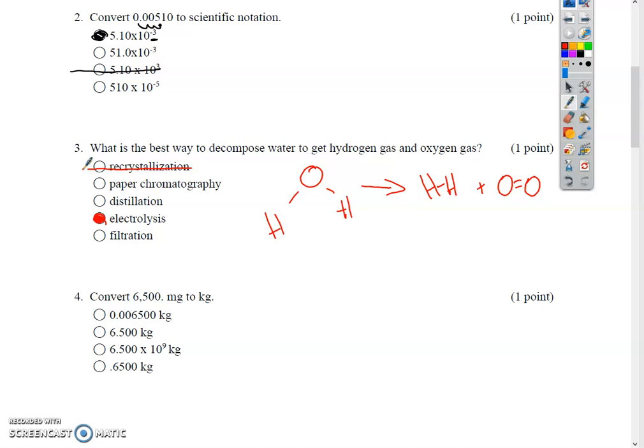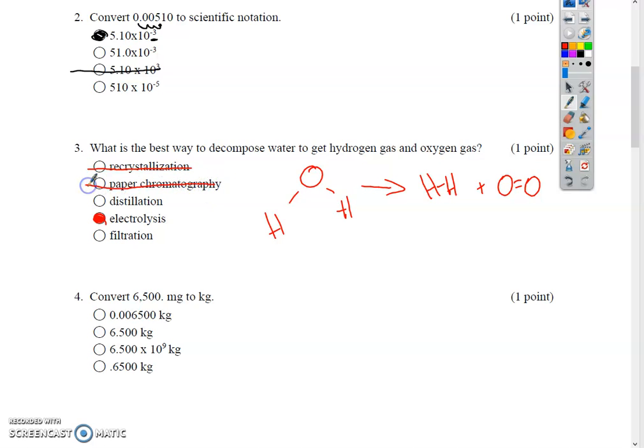So really what's going on with paper chromatography, for example, if you have some sort of ink that is made up of a bunch of different colors, you can get chromatography paper, and if it's water-based ink, you could put a dot of the ink on the bottom of the paper and dip it in the water and let the water move upwards over that chromatography paper. And the different colors are going to separate out depending on different things. Basically, how soluble they are in the solvent or how much they will move through the medium, which in that case is a cellulose. So that is a physical change.